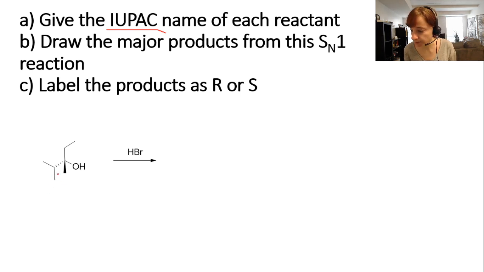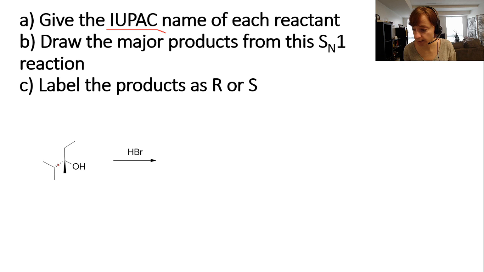So what we need to do is find the longest linear carbon chain that can be named. And we want the numbering to include the most substituents at the smallest numbers.